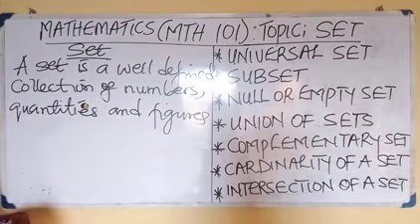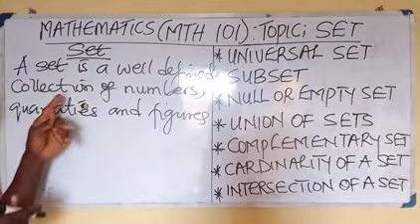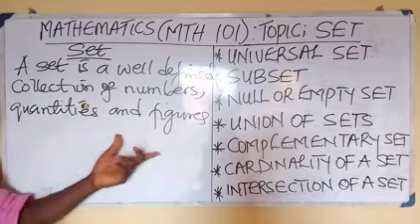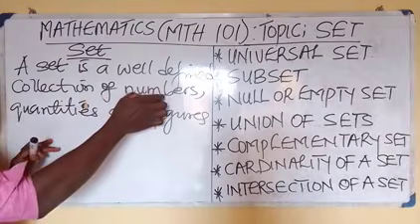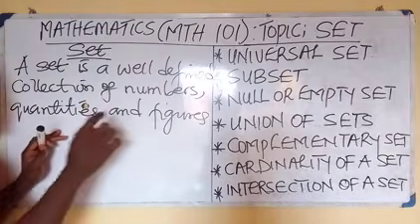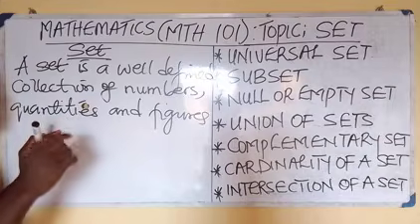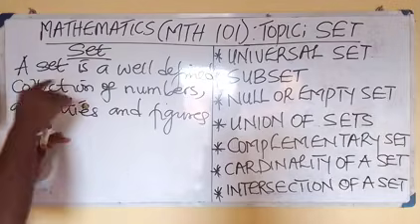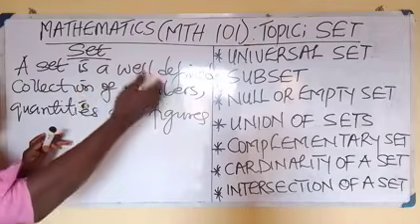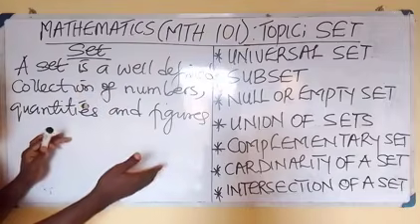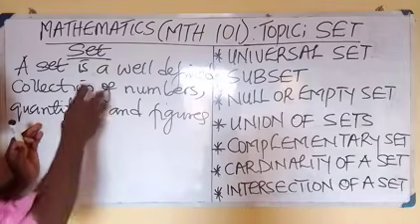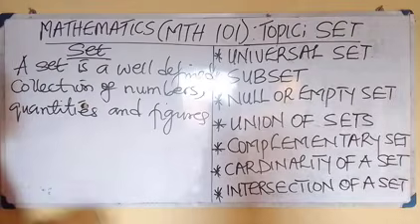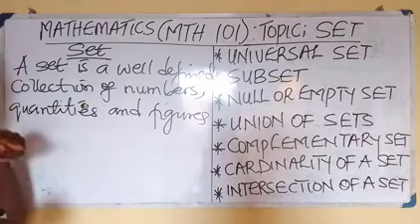Alright, a set is a well-defined collection of numbers, quantities, and figures. Now, these numbers, quantities, and figures that are collected, we call them elements of a set. So all the members, it therefore means that these are the elements of what? A set. It means all members of a set are called the elements of that set.